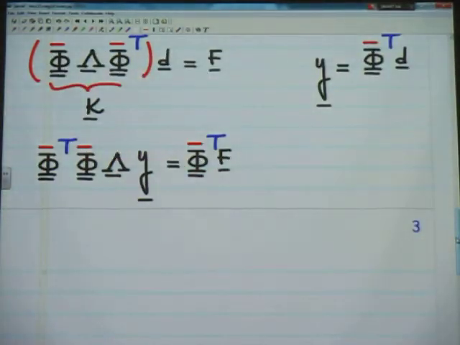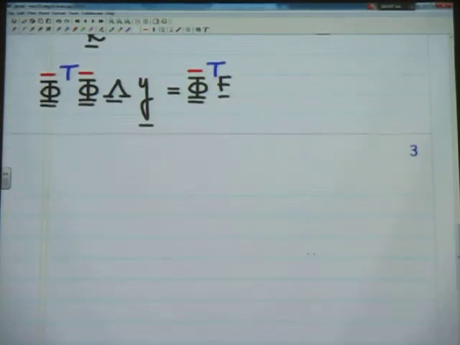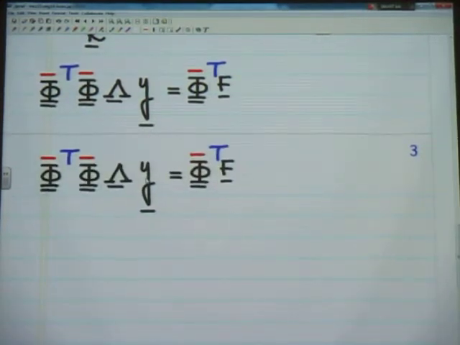Okay, so let me copy this over here so I have more space. And like Kevin said, this phi bar transpose times phi bar is the identity matrix.